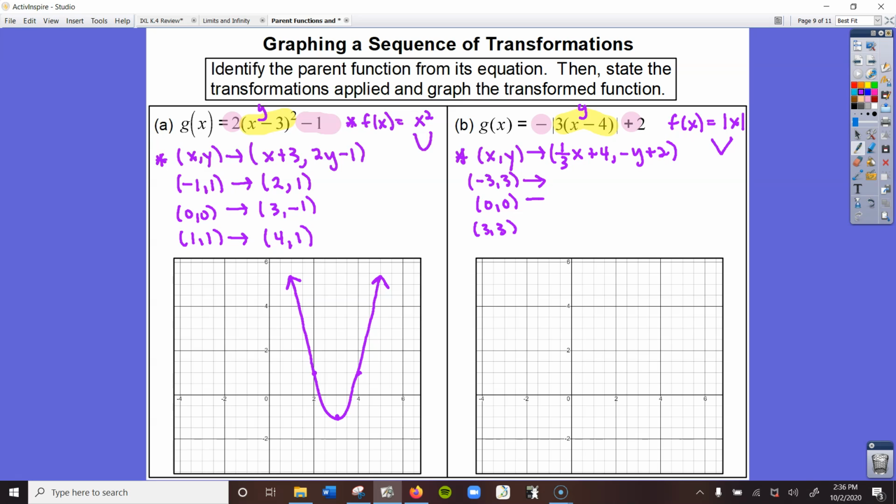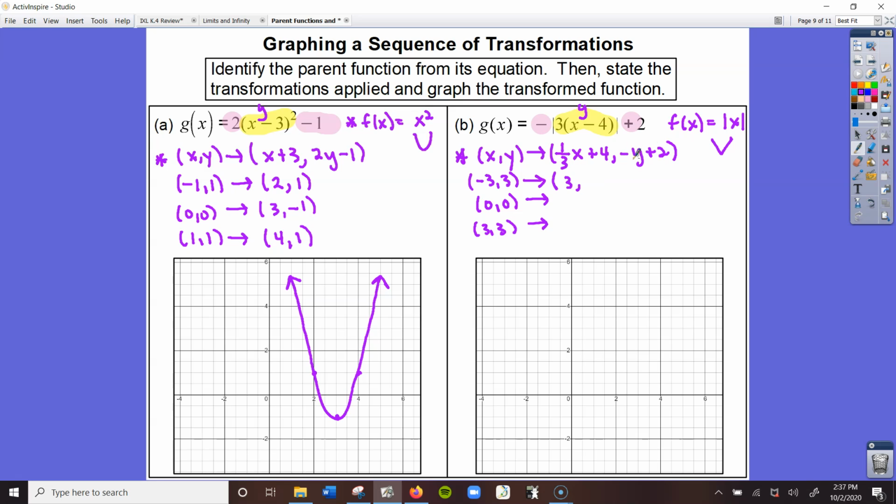Remember, these reference points are on the graph of your absolute value function, so we can use these to transform. So now I'm going to plug them each into the rule. Negative 3 divided by 3 is negative 1, plus 4 is 3.